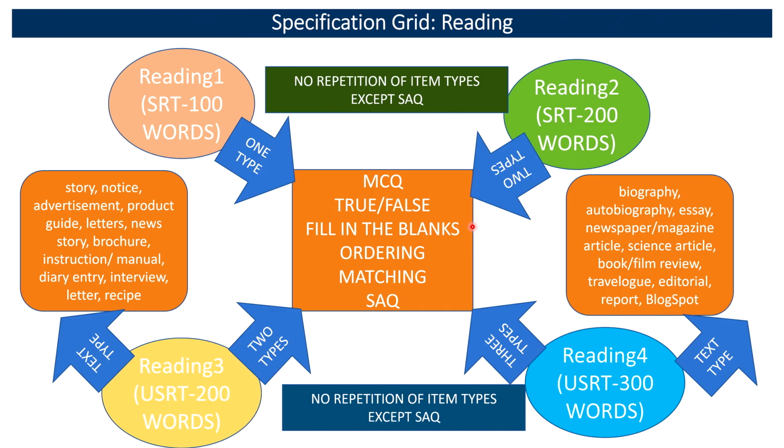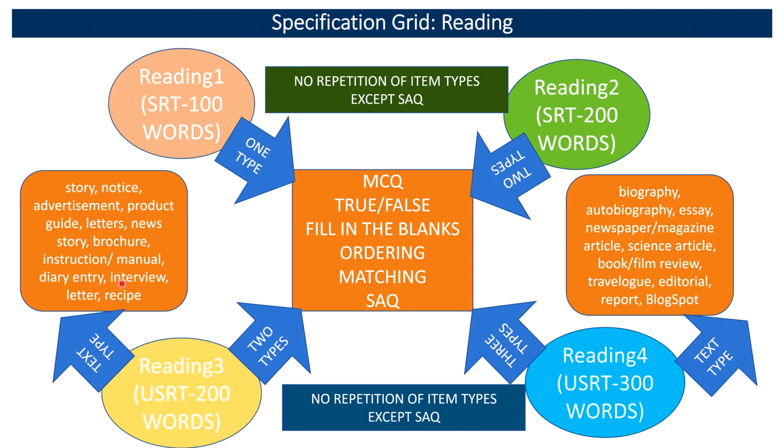And this reading text is minimum about 200 words. And in reading 2, 3 and 4, these texts will be on syntax. They will be asked from outside your textbook. So that is, the text type will be there.